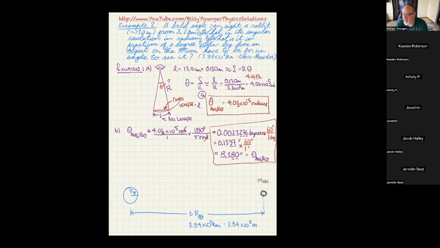So it takes light about 1.24 seconds to get from the surface of the moon to the surface of the Earth. By the way, the radius of the moon is way, way smaller than this distance, and the radius of the Earth is way, way smaller than this distance. So we can sort of pretend the eagle is sitting right at the center of the Earth, and whatever we want to build there is right at the center of the moon. That's close enough, in other words.